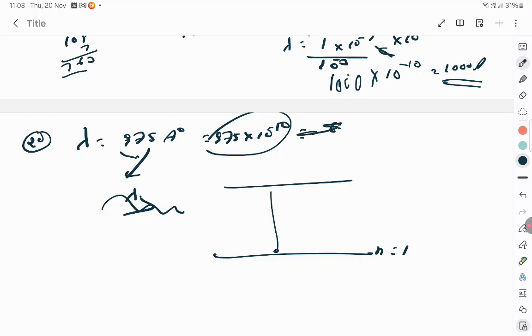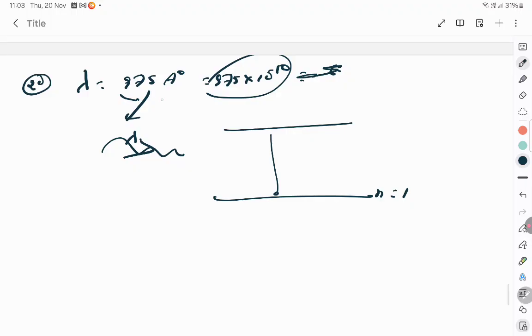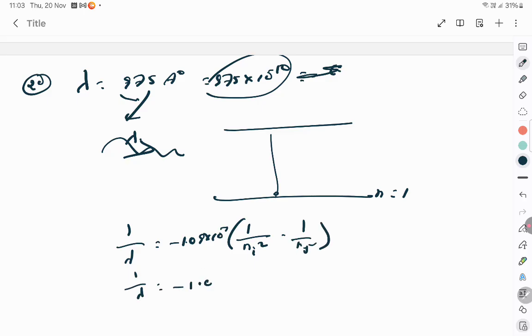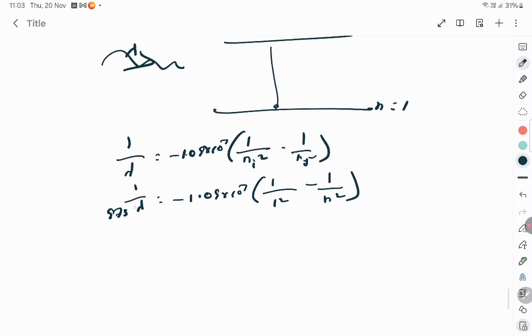Why can't I just use 1 by lambda is equal to 1.09 into 10 to the power 7 into 1 by n initial square minus 1 by n final square. 1 by lambda is equal to 1.09 into 10 to the power 7 into 1 by n initial, which is 1 square, minus 1 by n final square, since it's jumping from here to the final unknown. Correct? And you know lambda itself is 975 Angstrom. Can I plug in 975 into 10 to the power minus 10?